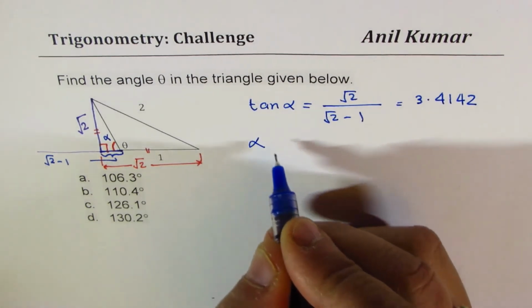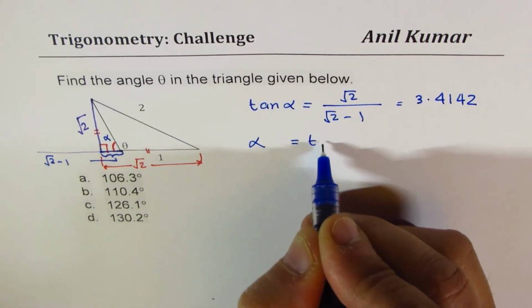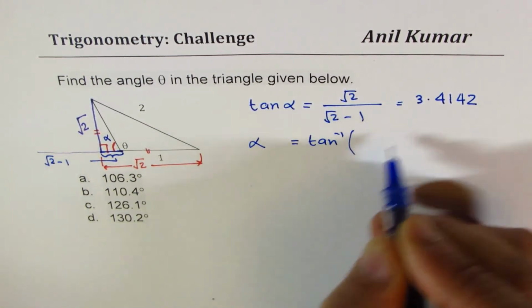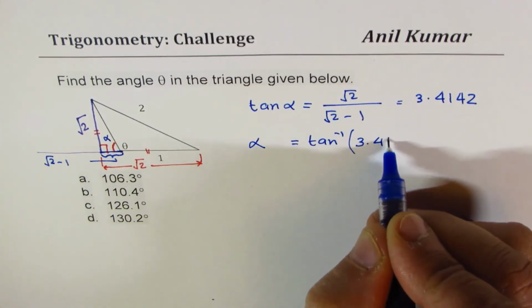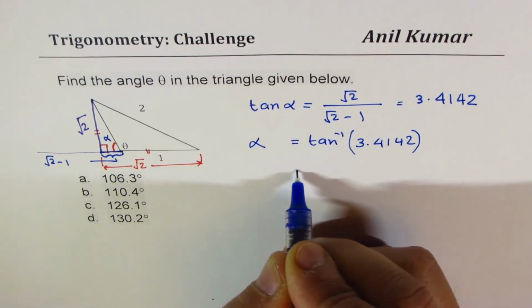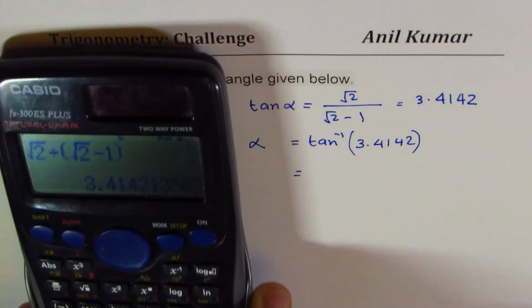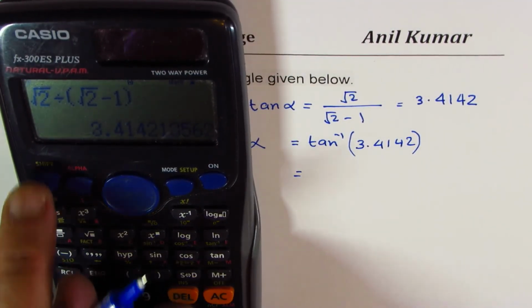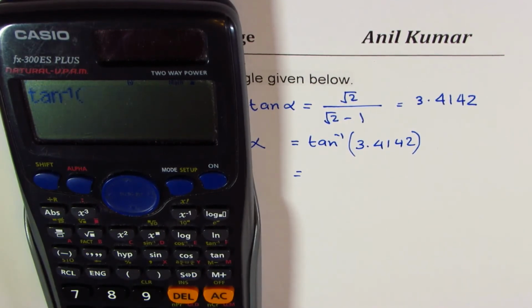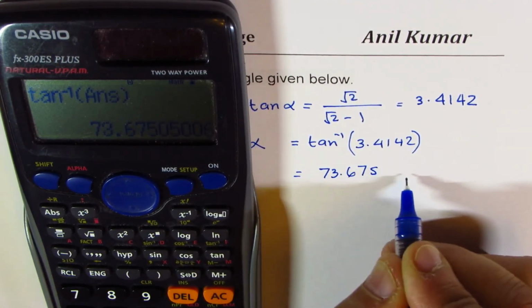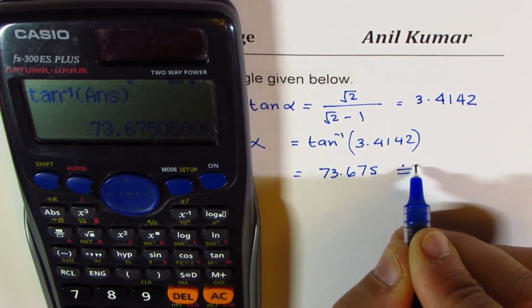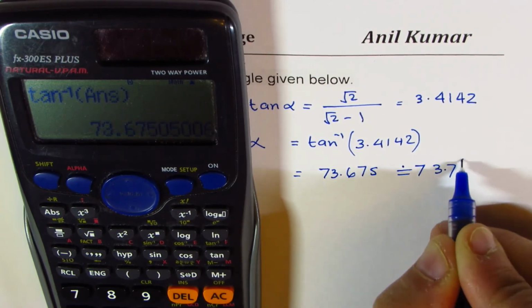Alpha is going to be tan inverse of 3.4142, right? So let's do it. We already have the number here. Shift tan inverse of the answer gives us 73.675. So let me approximate this to 73.7 degrees, correct?